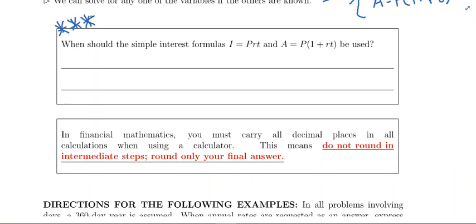Well, the easiest way is that the problem will actually have the phrase simple interest in it. That is a dead giveaway. If you see the phrase simple interest, boom, automatically I'm going to use either I equals PRT or A equals P times 1 plus RT. It's a simple interest problem.